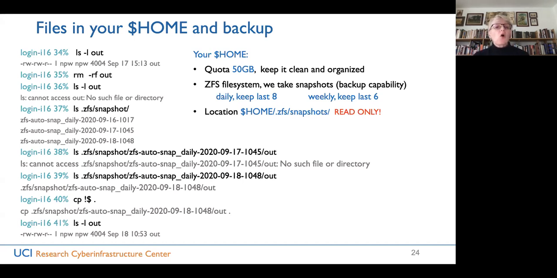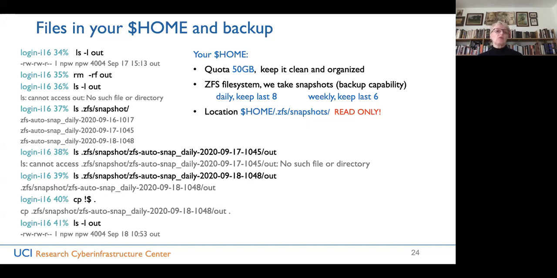As I said, home is a ZFS file system, and we take snapshots, which is a big backup capability. Currently we schedule to keep the last 8 daily snapshots and the last 6 weekly snapshots. This can change in the future. This is just an approximation for right now.